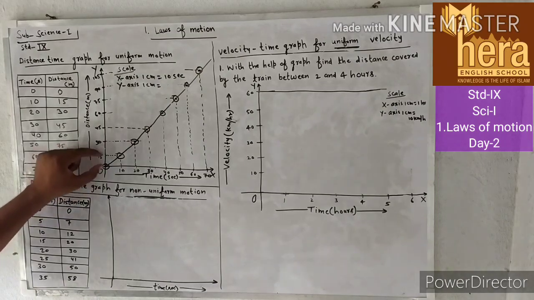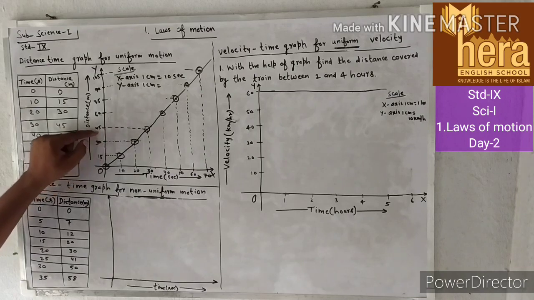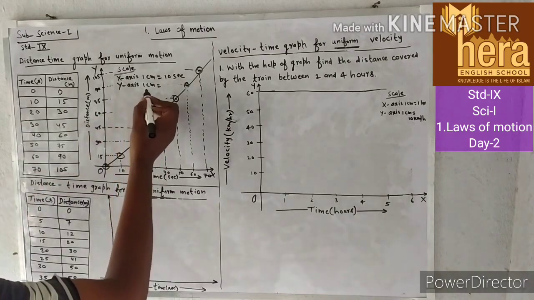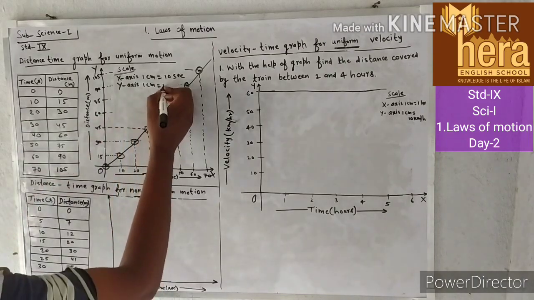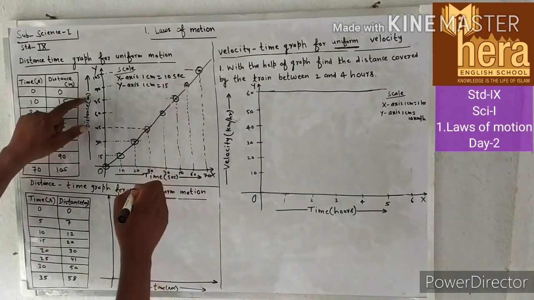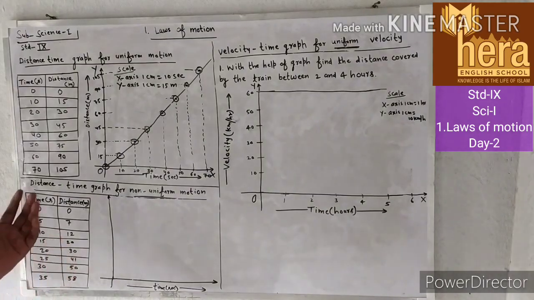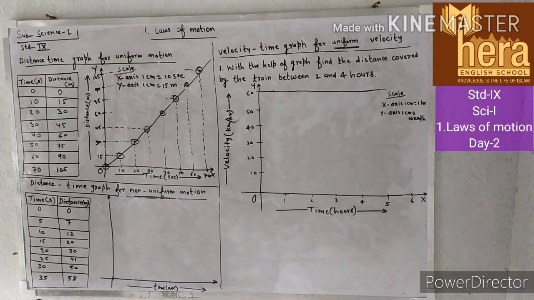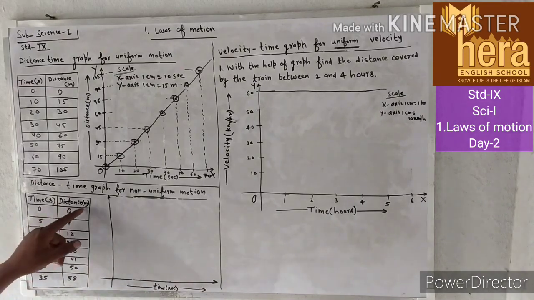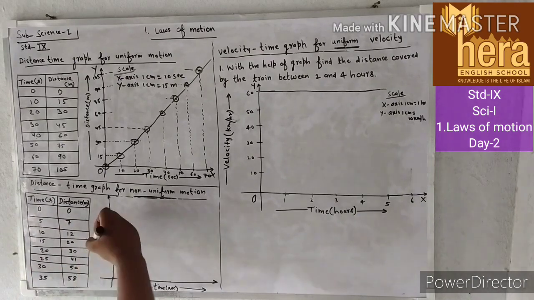This is the interval of 15. 30 minus 15, that will be equal to 15. 45 minus 30, that will be equal to 15. So on y axis 1 centimeter is equal to 15 meter. Okay. So now come to this graph. Time is in second. Distance is in meter. So here will be distance.